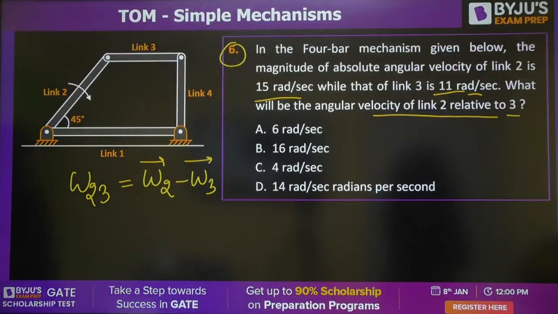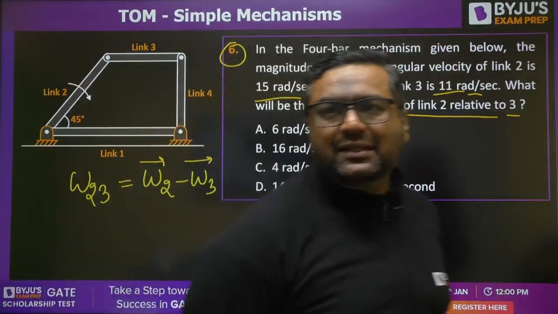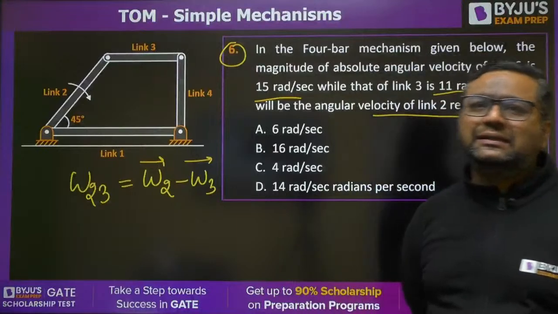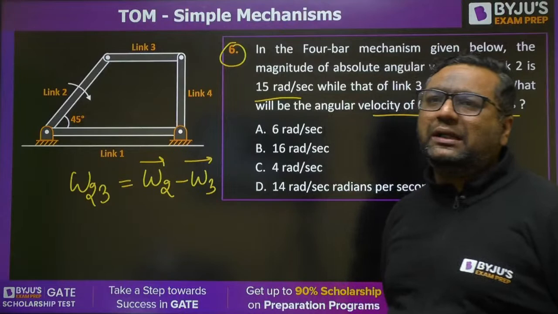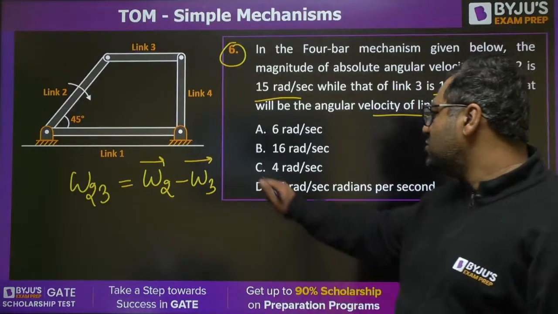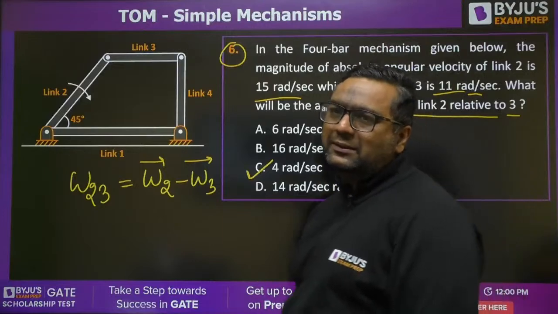Very good, Jyoti. Kiran is saying C would be the answer. Yes. Shreyas, Advait, Teju is saying C. Very good. So the answer for this is going to be C. This is 4 radians per second.